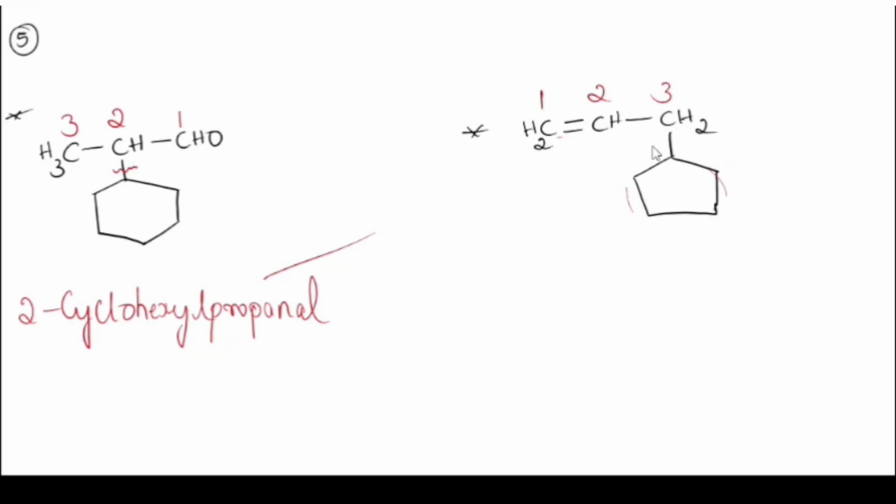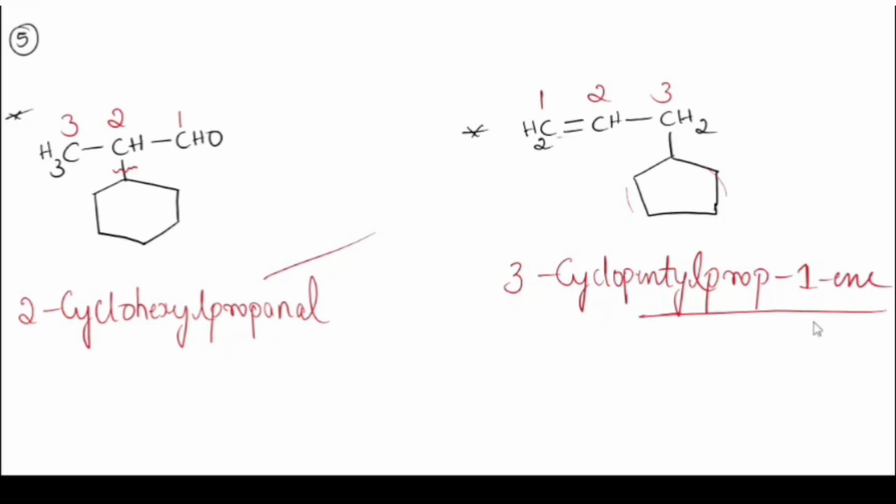Correct. At the third position there is a cyclopentyl ring. That's why I will write it as 3-cyclopentyl and here propene, correct? Here prop-1-ene. This is the IUPAC nomenclature. Then we'll move on to the next thing.